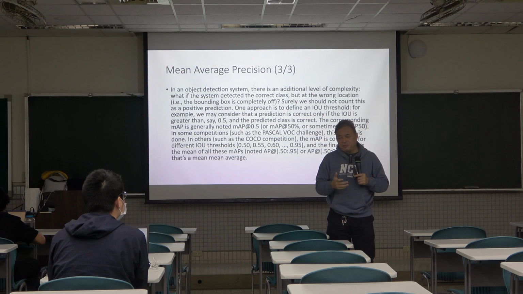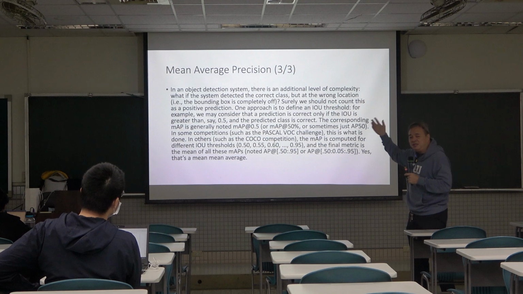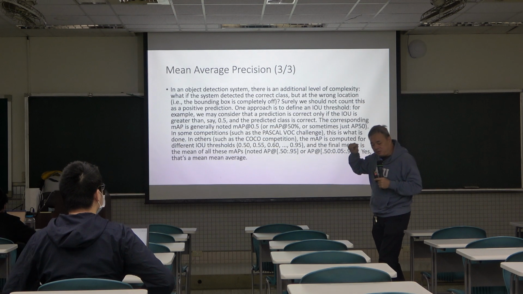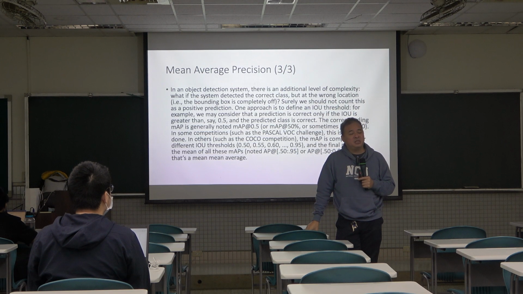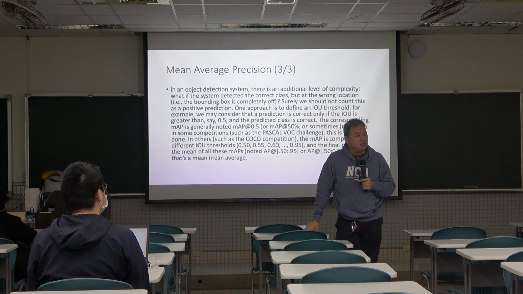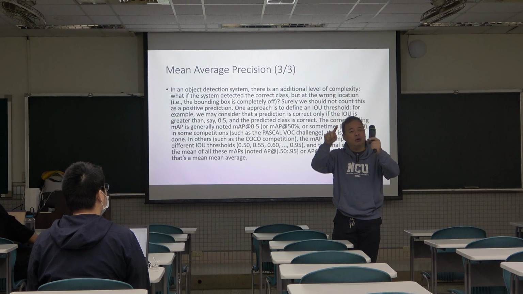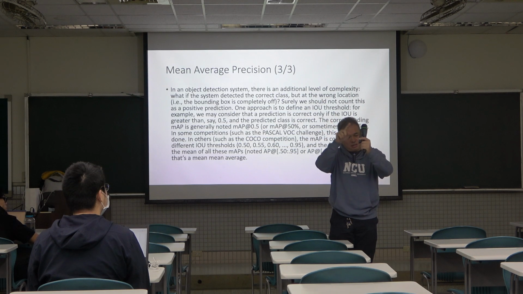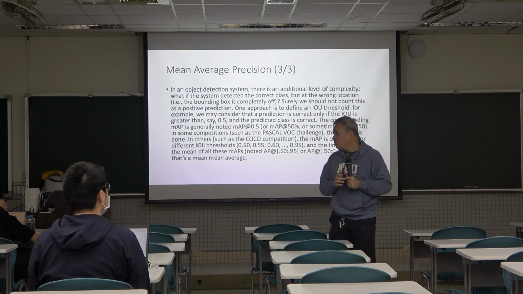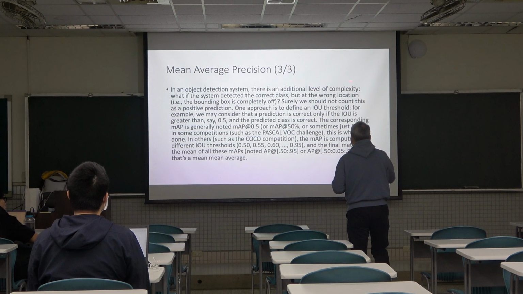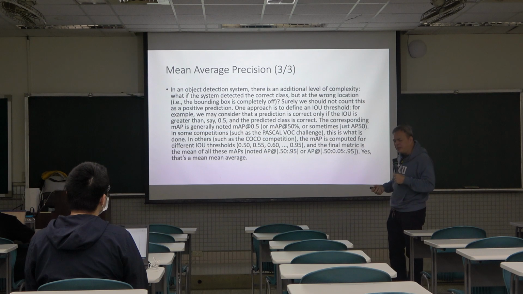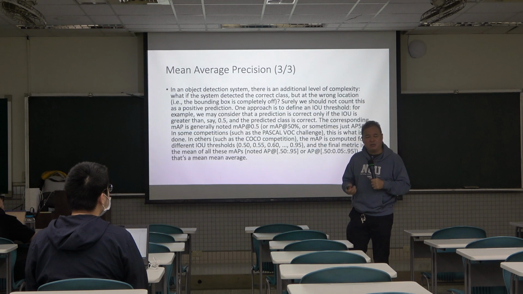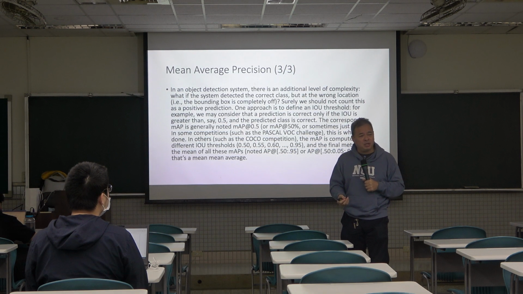But the previous mAP metric only measures the classification performance, and it doesn't measure the localization, the correctness of the bounding box. So as I said, if the system detects the correct class but at the wrong location, we probably shouldn't consider that as accurate object detection.